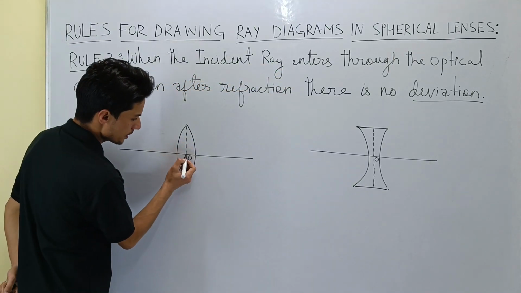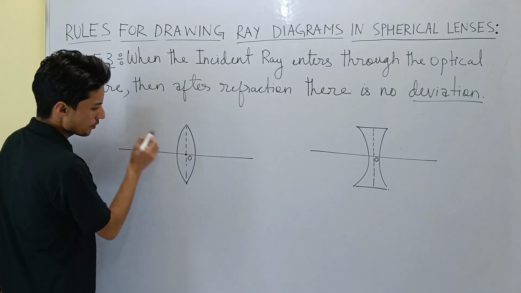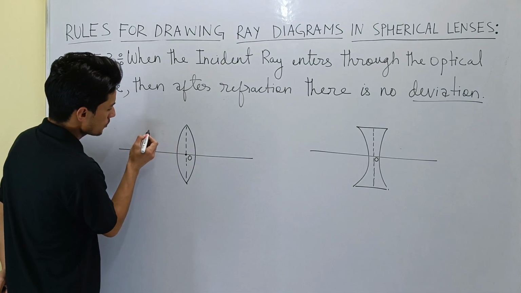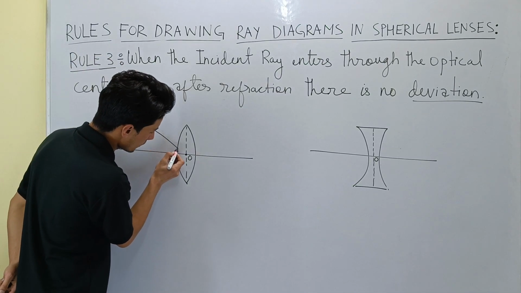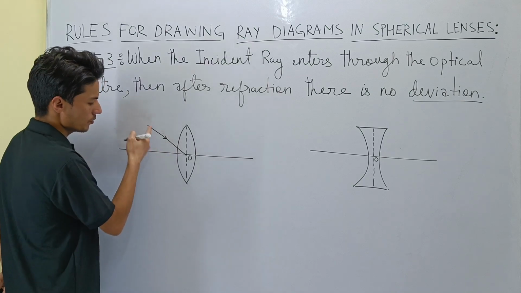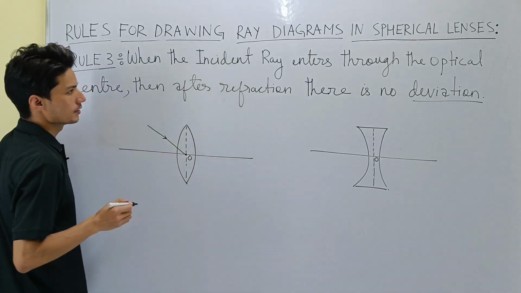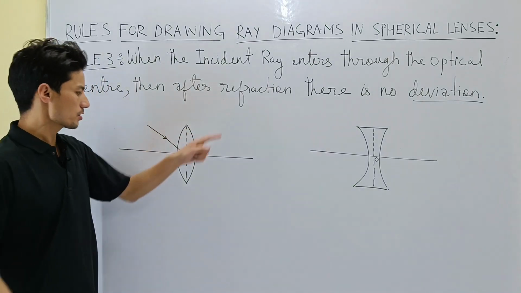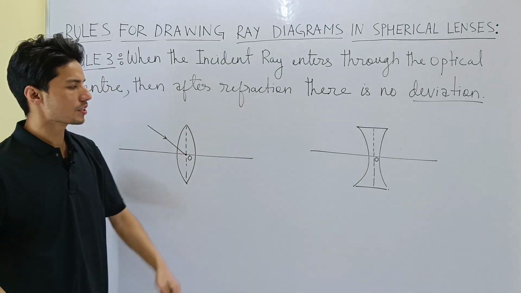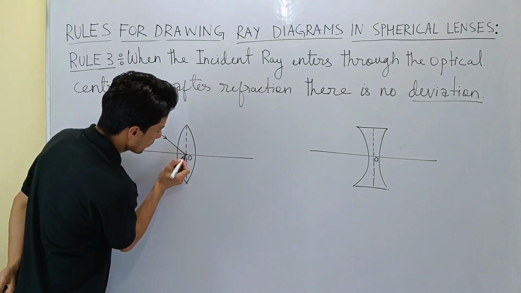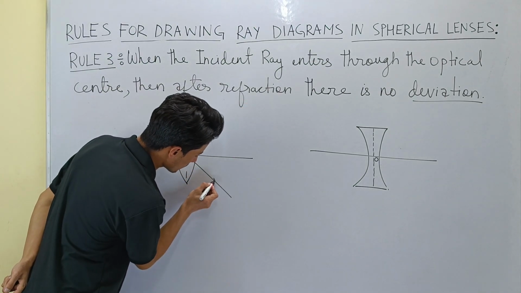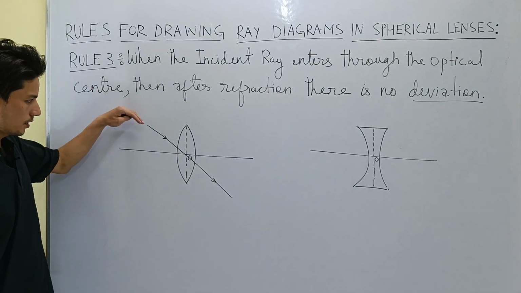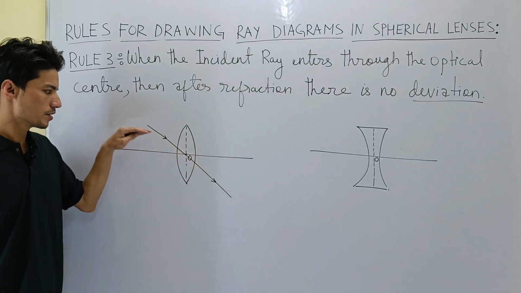So the optical center is here at this point, so the incident ray will enter through this. Let us draw the incident ray aiming for the optical center. It has already entered the lens and it is at the optical center. Statement says after refraction there is no deviation. That means this ray will continue the same path. So this is the refracted ray. See, it's an undeviated straight path.